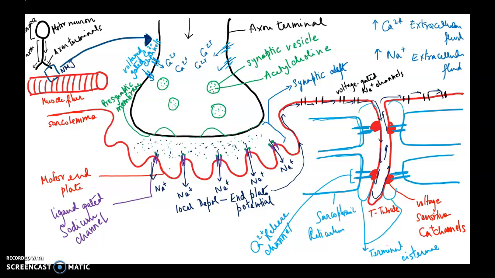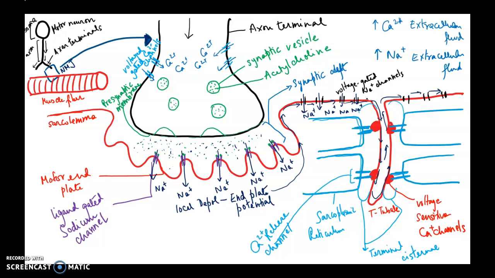And as the action potential sweeps across the sarcolemma, that opens up voltage-gated sodium channels, and more sodium comes in. Good. So now we have so many sodium inside the cell, and the cell is now depolarized.